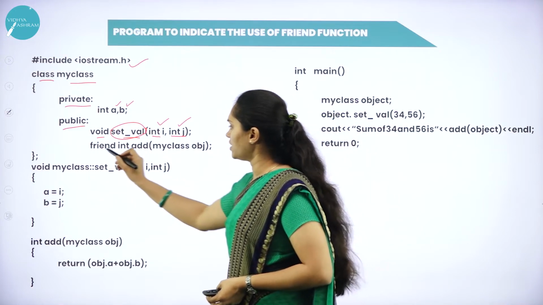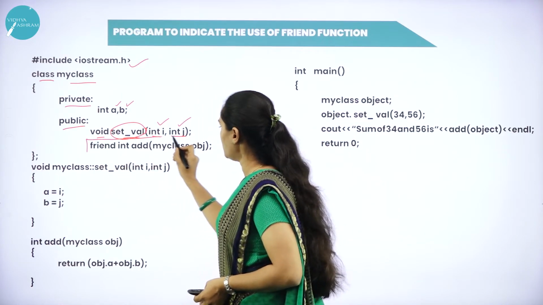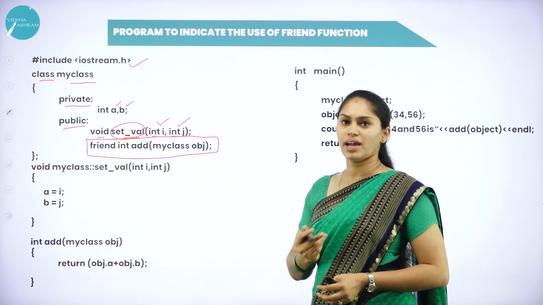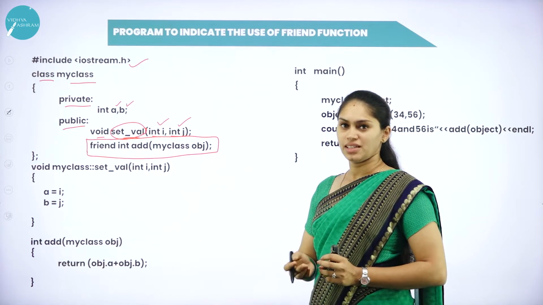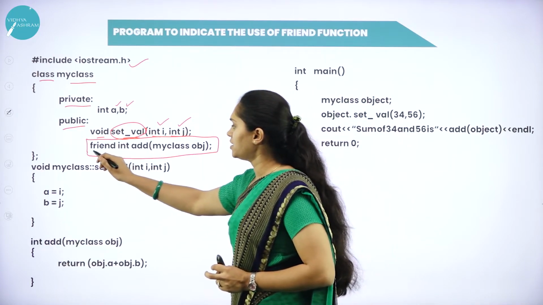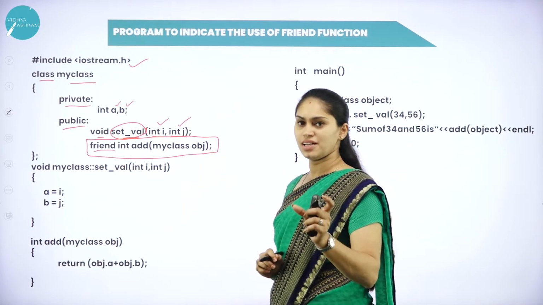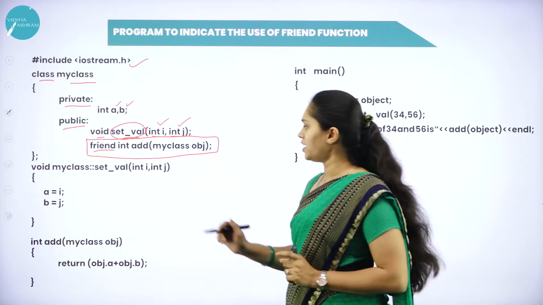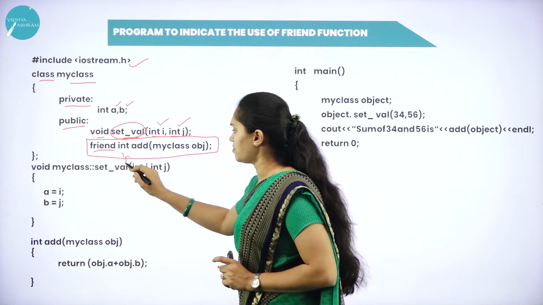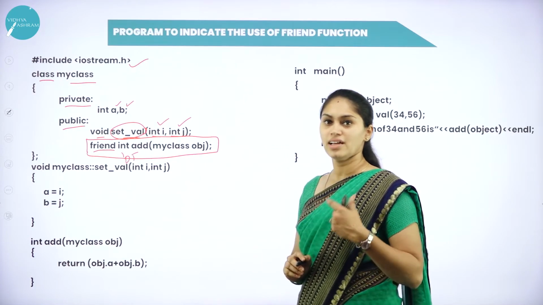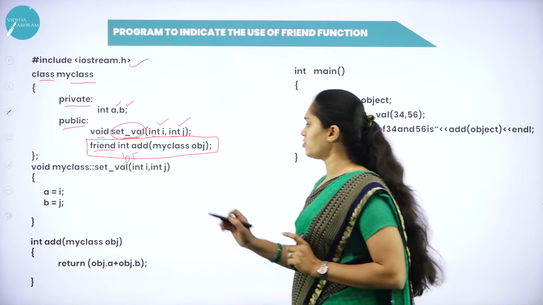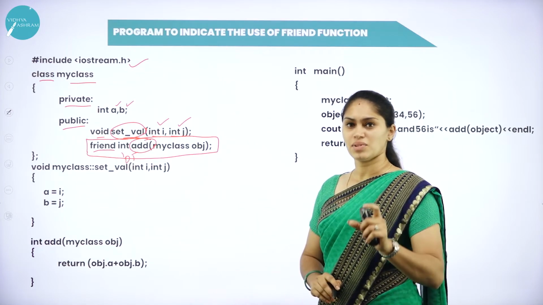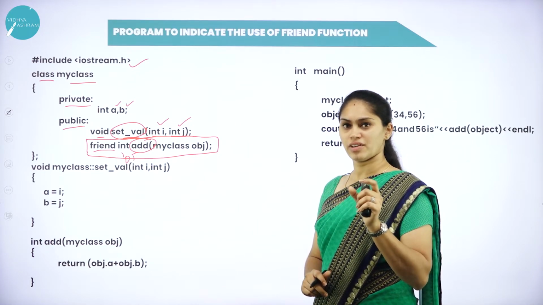This is a very important line to declare the friend function in my program within the class. Friend is a keyword. What is the syntax? To declare the friend function, we have to use the friend keyword. After that, it specifies the data type or return type. What is the name of the friend function? That is add. I am using add as the friend function name.